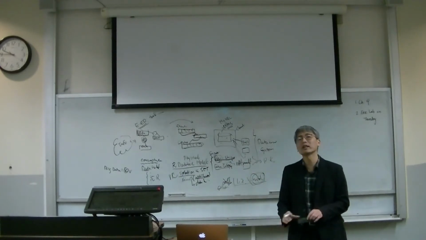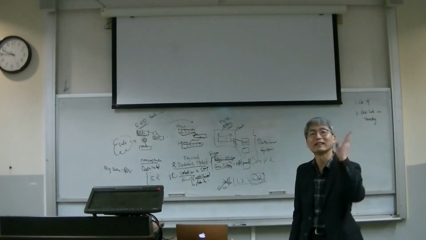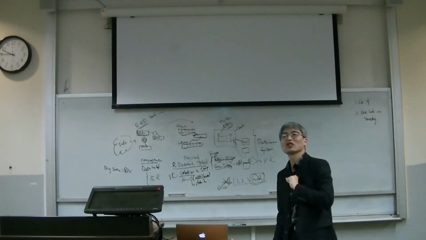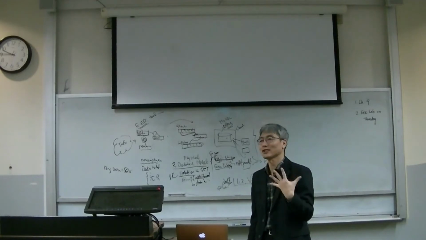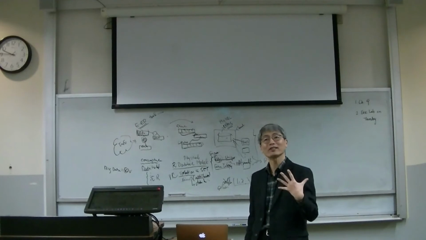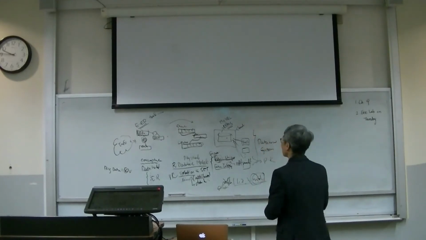Primary key is the most important concept of the relational model. It's non-null and unique. If you are taking a database certificate, like Oracle or such a thing, this is the most popular question: what is a primary key? Primary key is non-null and unique. So these are the first two.